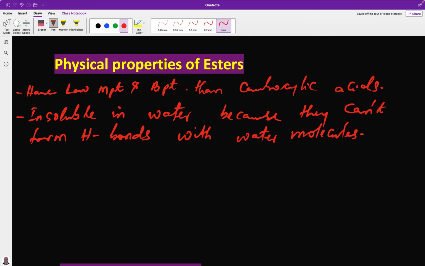So since they cannot form intermolecular hydrogen bonds with water molecules, they are insoluble in water.